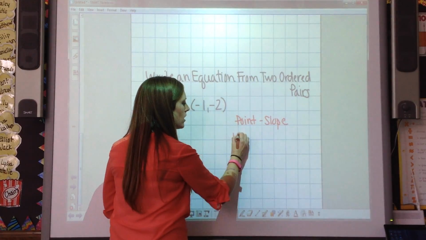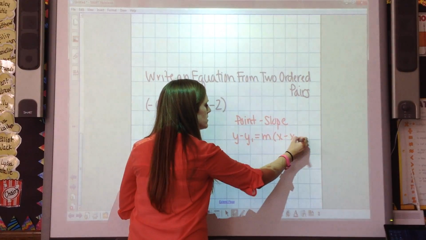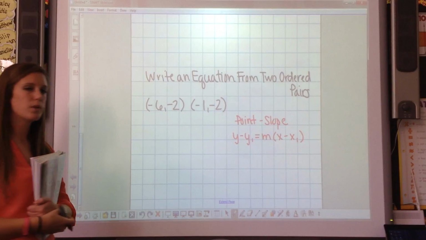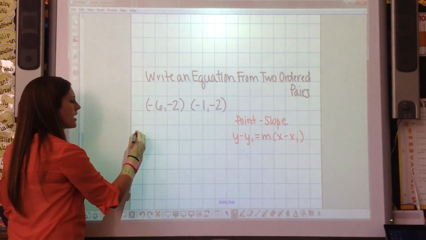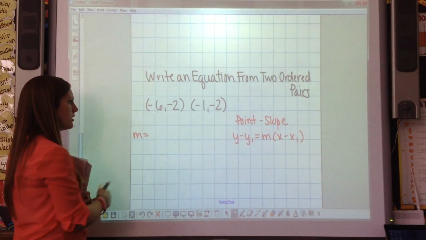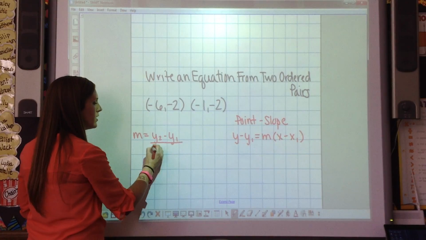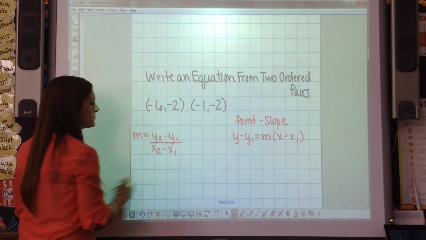Point slope involves us having an ordered pair and the slope. This time, I can't find slope by just looking at a graph. Instead, I'm going to have to first find slope by doing the slope formula: y2 minus y1 all over x2 minus x1.